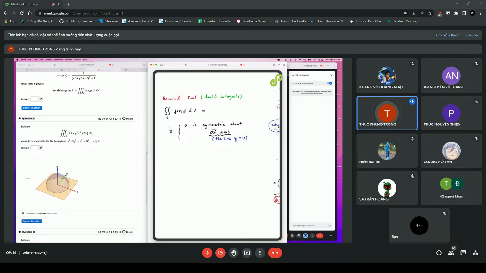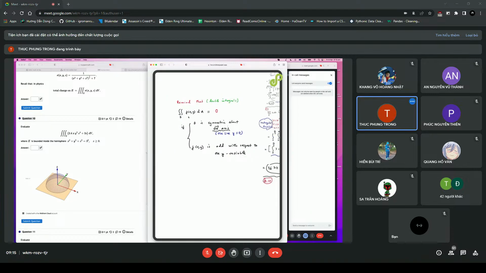But this is not enough. We need one more thing. We need that the function f is odd with respect to y, then you can immediately say that the integral we have right here is 0. Yeah, so this is the property we have.